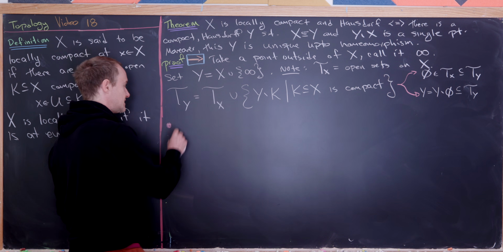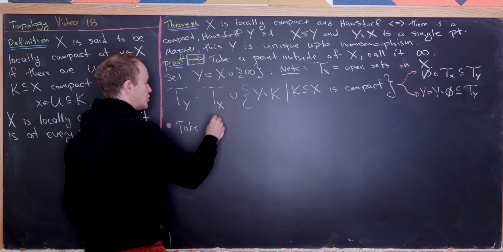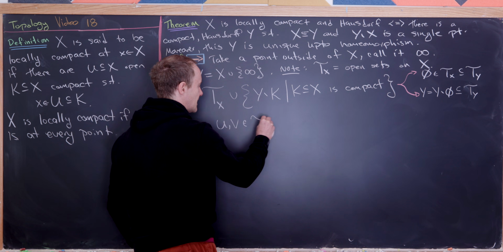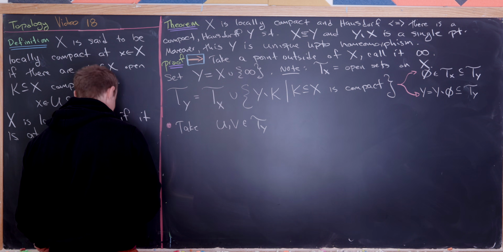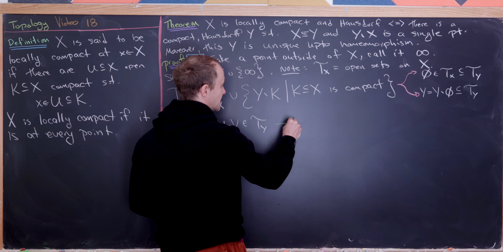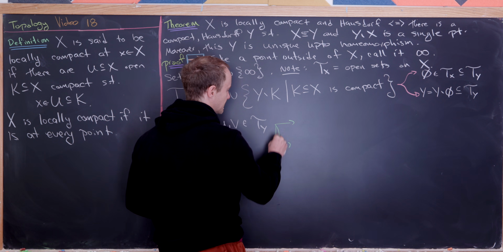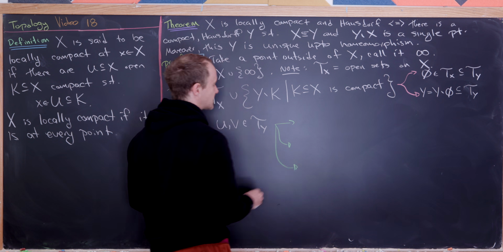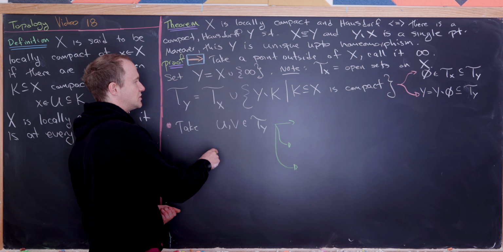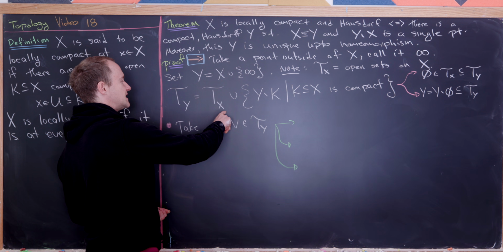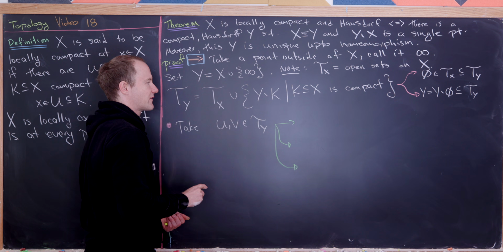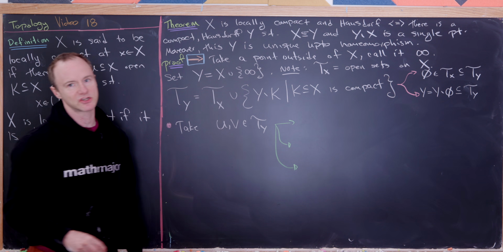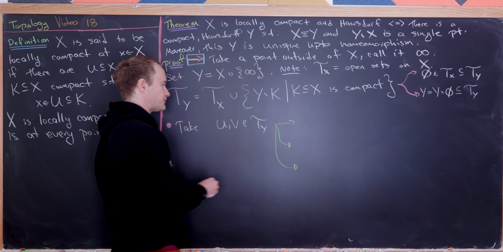So let's take two open sets, U and V, inside of T sub Y, and let's observe that that's naturally going to split into three cases. That comes from, well, do both of them come from this T sub X? Or do both of them come from this complement of compact, or does one come from each? And we've got to cover each of those.